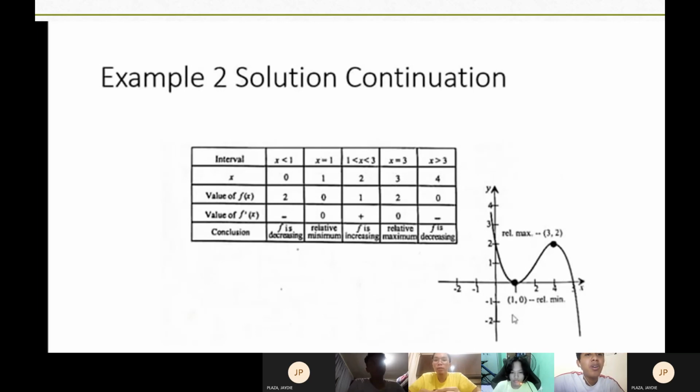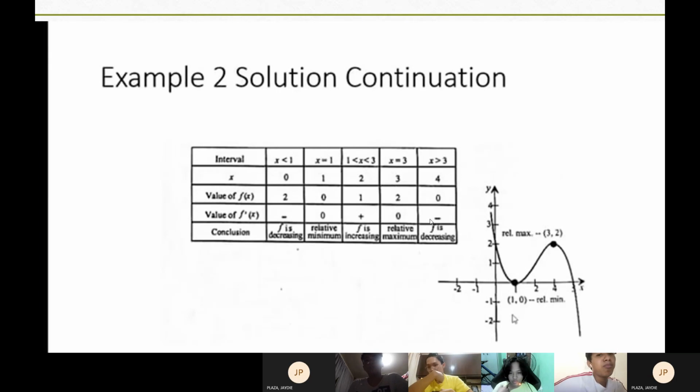Then, yung 1, yung value, kaya, increasing naman to kasi yung 1 ay less than doon sa x sub 2. Gets nyo? So, tas sunod, ang relative maximum 0 din. Then last, f yung 0 siya, negative decreasing naman siya.